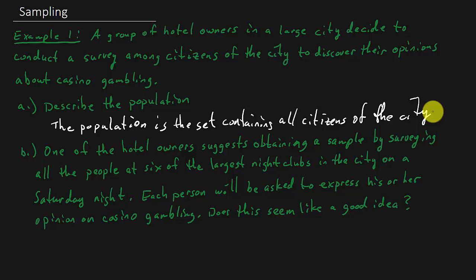The nightclub is a subset of the city, but more than likely, wouldn't you think they would agree with casino gambling? That might skew the results, so we might need to think about a different way to choose our sample. That's what they're trying to get you to understand with example 1.